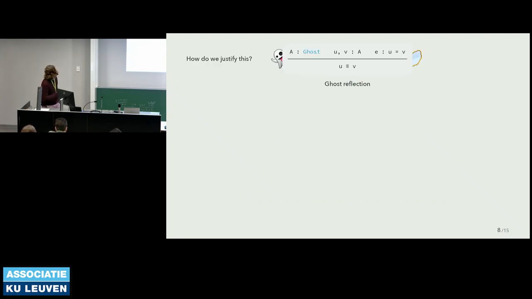Okay, so how do I justify this property? Okay, like the reflection for ghost types. Well, I'm interpreting it to a type theory which has just ghost types, but no ghost reflection. So instead of the reflection rule, I have a notion of cast operator. So essentially, it's an eliminator for equality, but especially for ghosts.